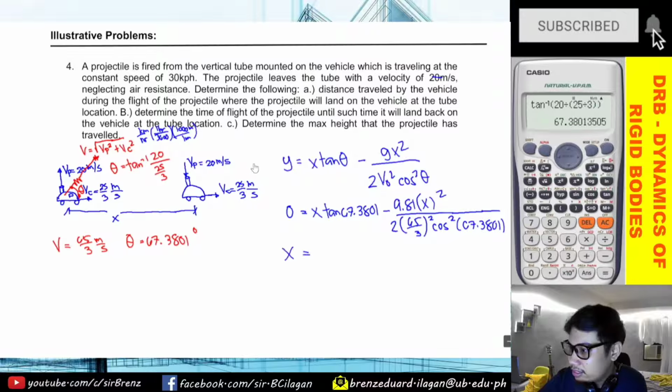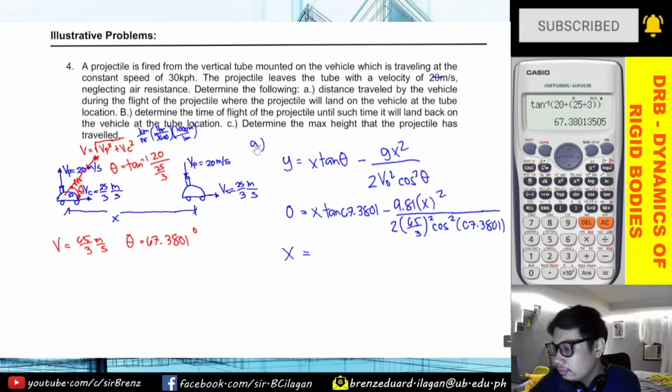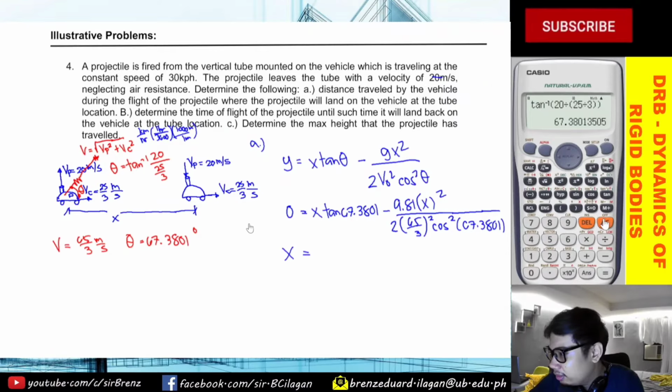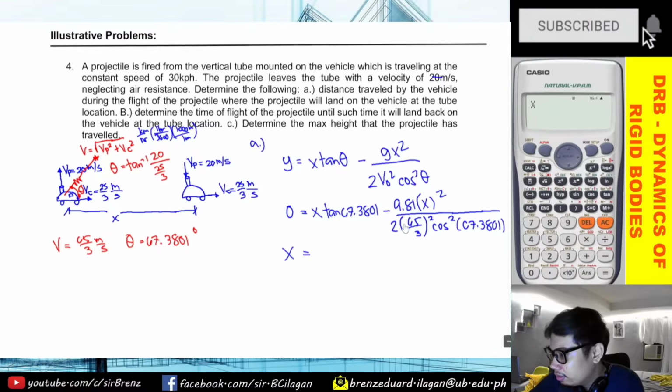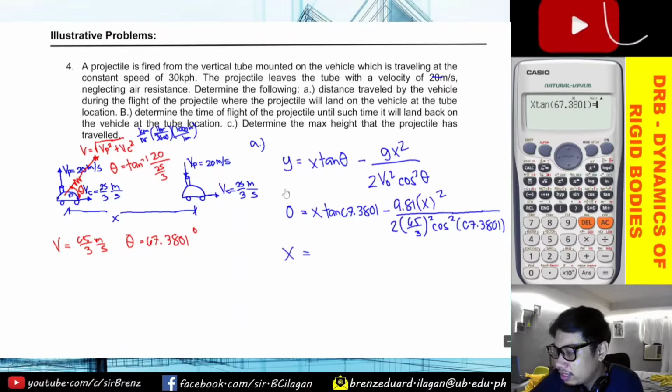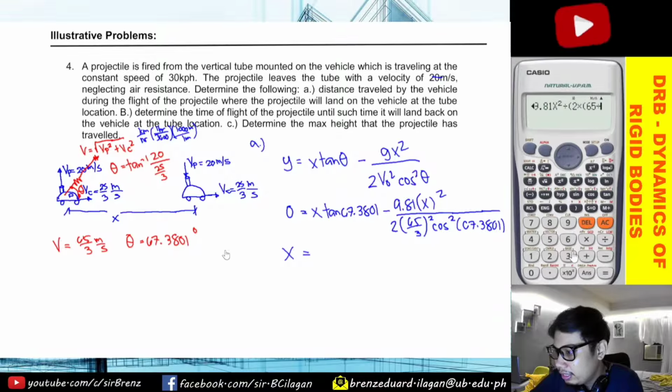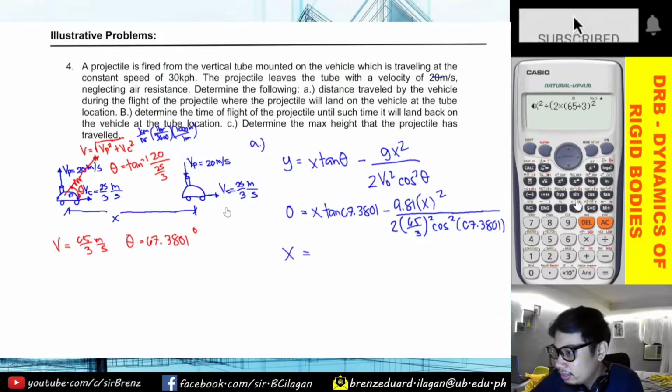So what will be the value of x? Again, this is for letter A. Let me transpose. So x tangent of 67.3801 equals, this side I move to the other side, 9.81 x squared divided by the quantity 2 times (65 divided by 3) squared, and then cosine of 67.3801 squared.